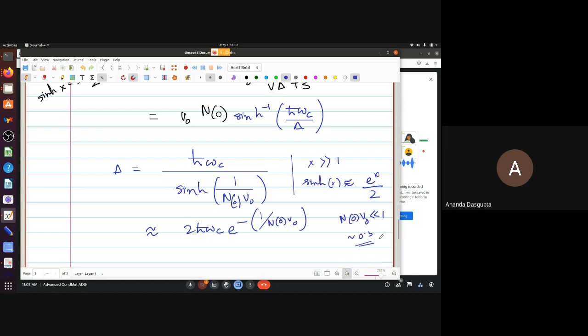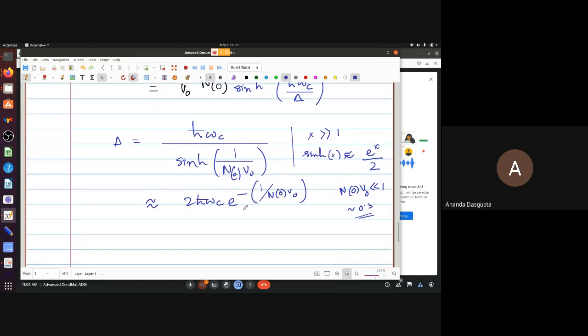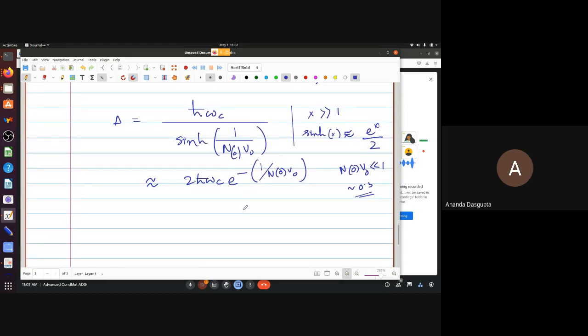So 0.3 is not very much less than 1, even then e to the 1 by 0.3 and e to the minus 1 by 0.3, these two numbers, e to the x and e to the minus x, differ very much from each other. And this is a decently good approximation. So this is our formula for the gap energy. We are going to interpret this as a gap later on, but this is an important result.